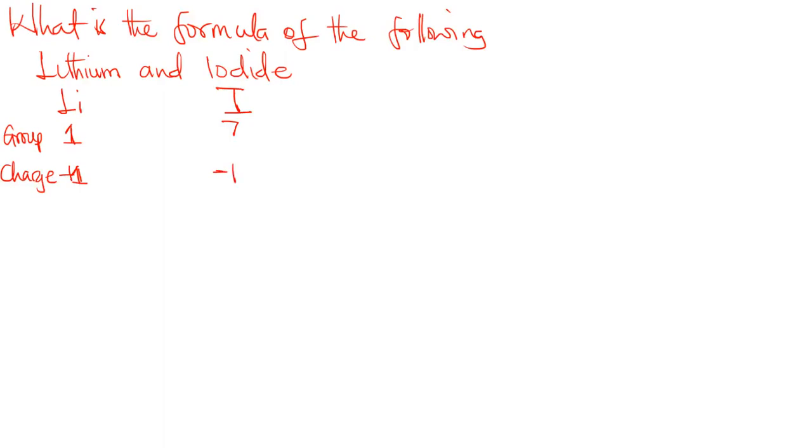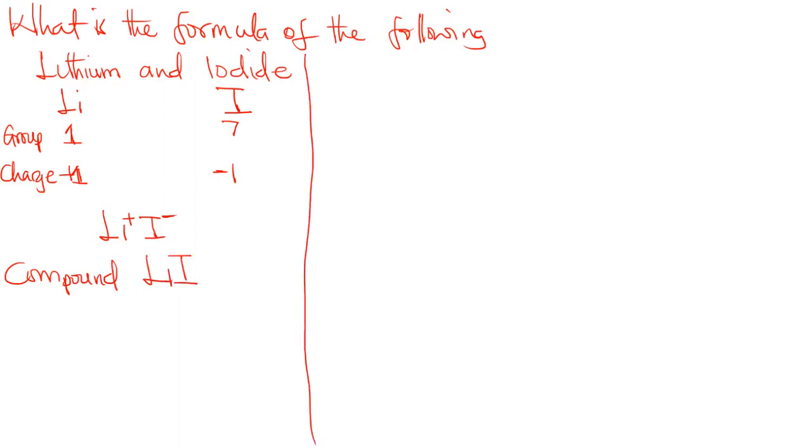So we have a charge combination of Li+ and I-. Because we have +1 and -1, they cancel each other. Our compound is just Li and I. So that is lithium iodide.